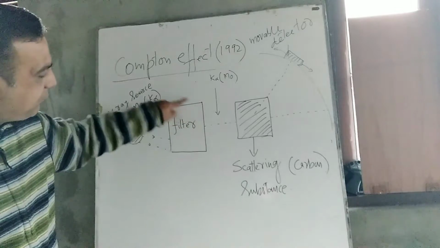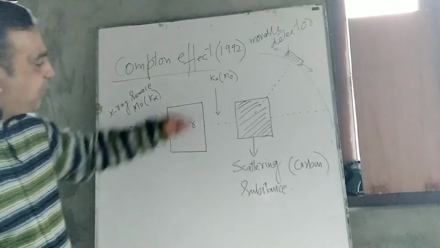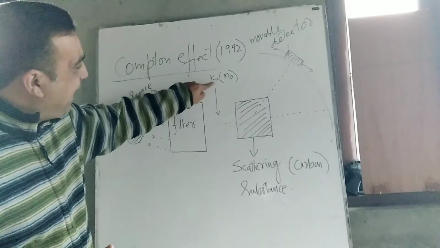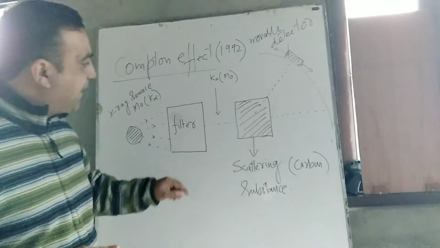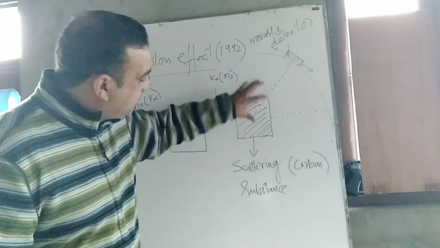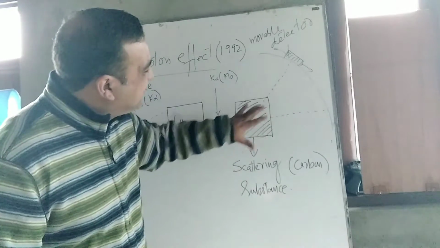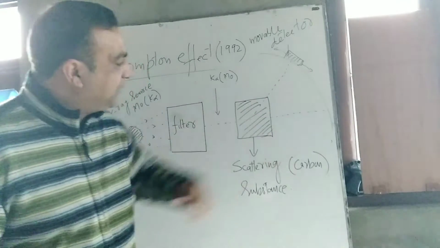They are filtered out from this filter, and then probably you collimate that radiation into K alpha molybdenum, and then they hit the target, and then you have the scattered radiation.